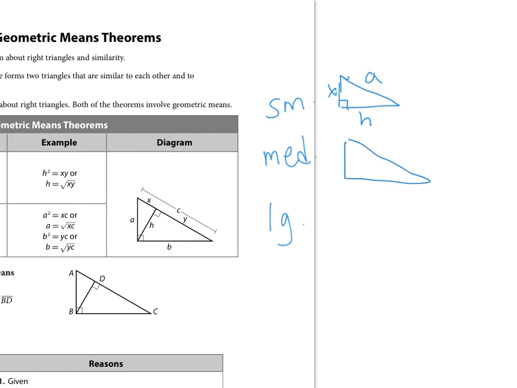Then we have our medium-sized triangle, and again, there's our right angle corner. So our medium-sized triangle has as its shorter leg actually h, the altitude.